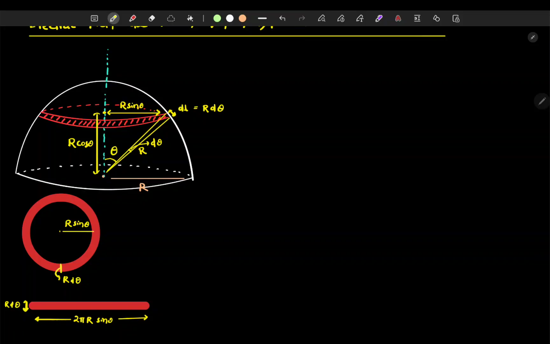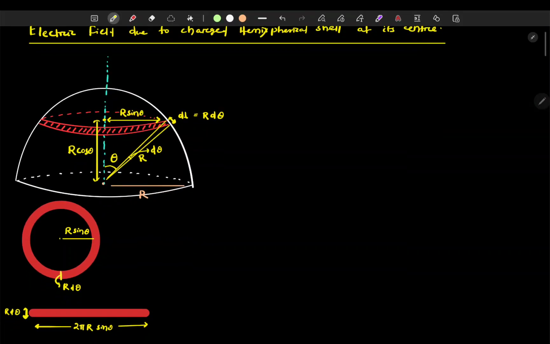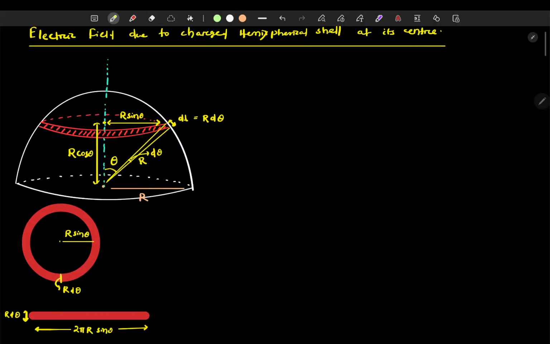Very good. And let sigma be the surface charge density of the charged hemispherical shell, and R is the radius of the hemisphere.